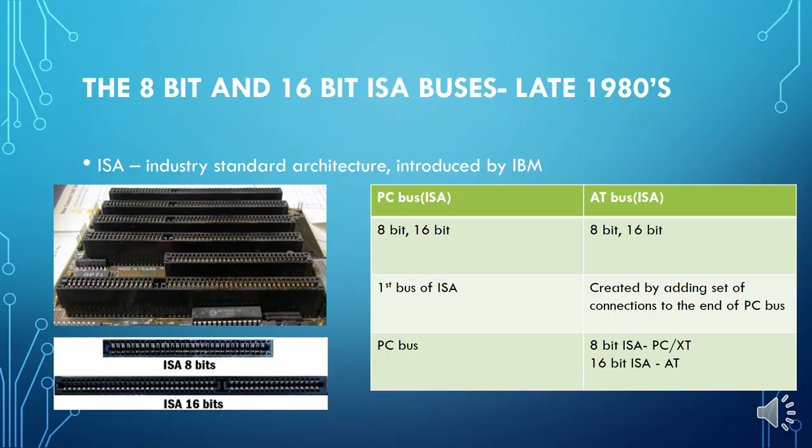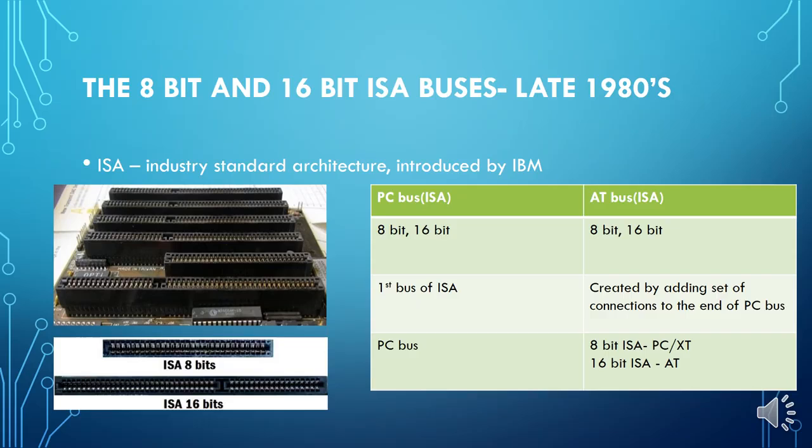Now you can see the PC bus is also ISA and the AT bus is also ISA. The PC bus is called PC bus only, but the ISA AT bus has different names. If it is 8-bit ISA, then it is known as PCXT, and if it is 16-bit ISA, then it is known as AT.